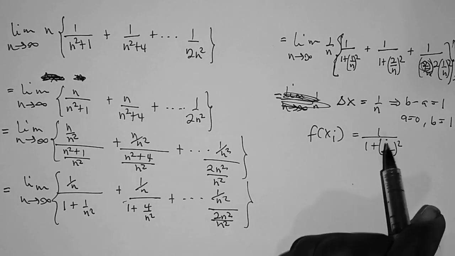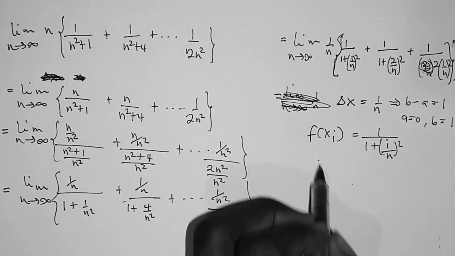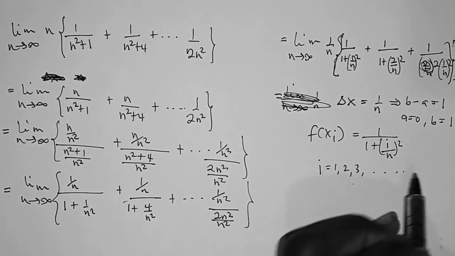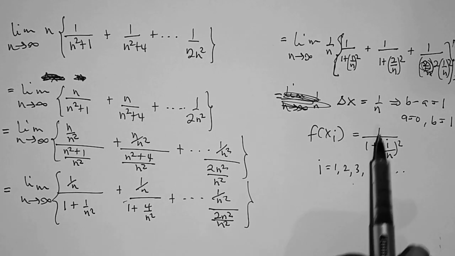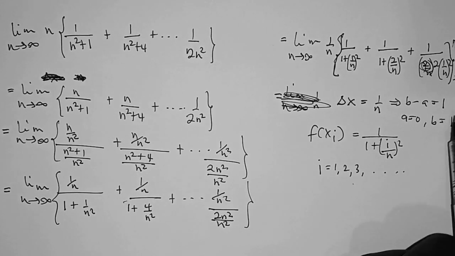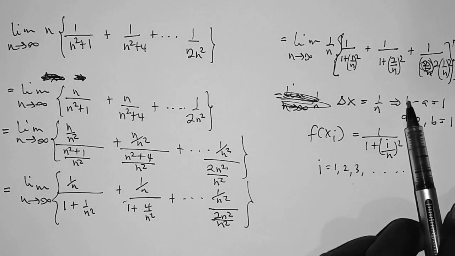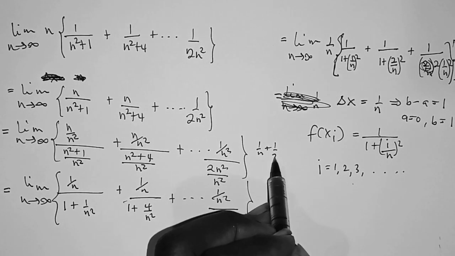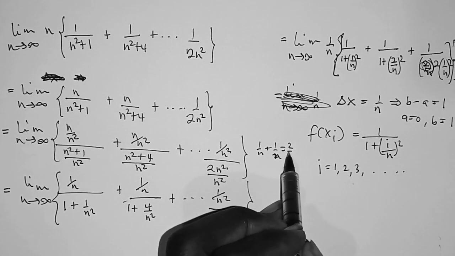Now this i is 1, 2, 3 continuing to n. What it means is that if we put 1 over n, the next term we'll put will be 1 over n plus 1 over n, which will give us 2 over n.